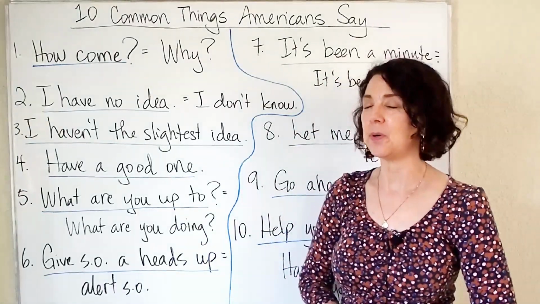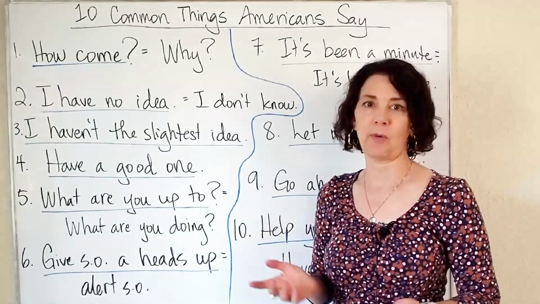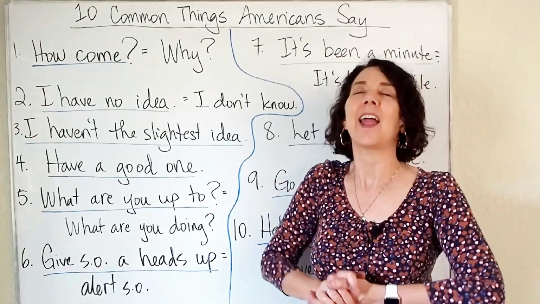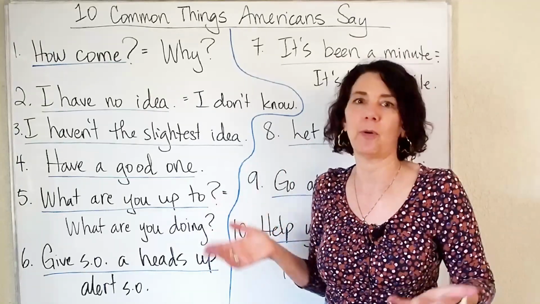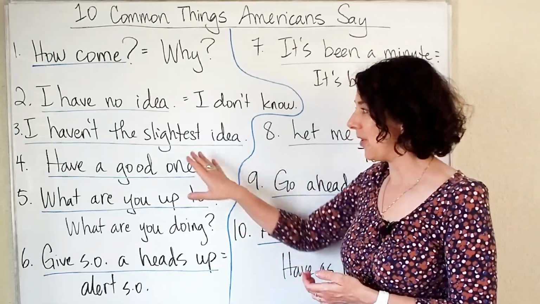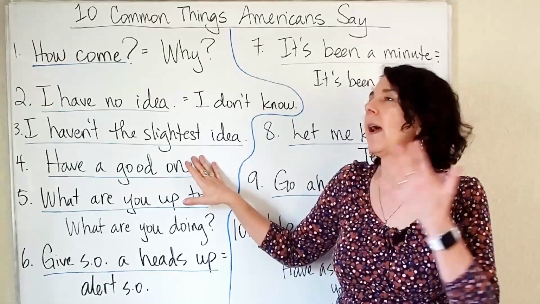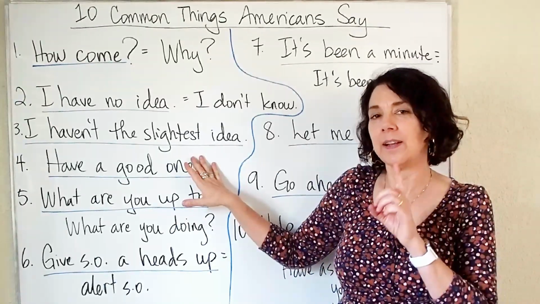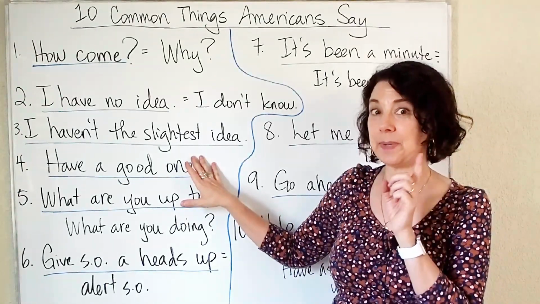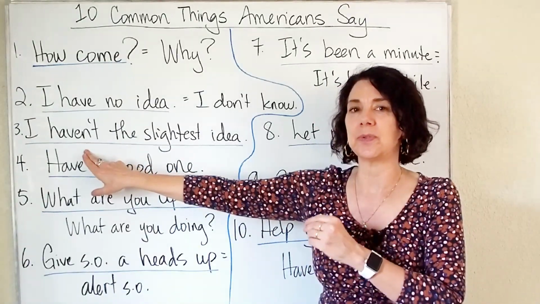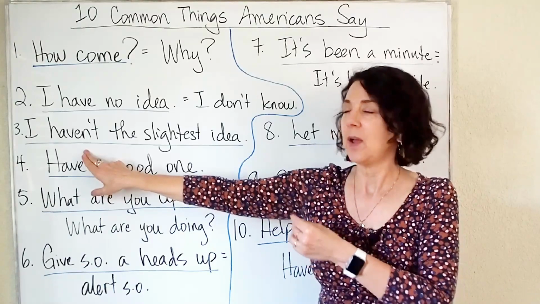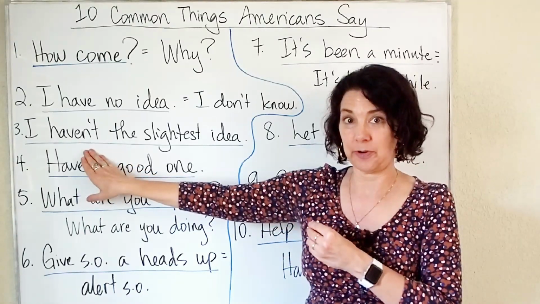Okay, number 2, I have no idea. This is something that we say all the time, and it simply means I don't know. Or sometimes we even say, I haven't the slightest idea. Now this one you should notice because in American English we don't use haven't when it is the main verb.